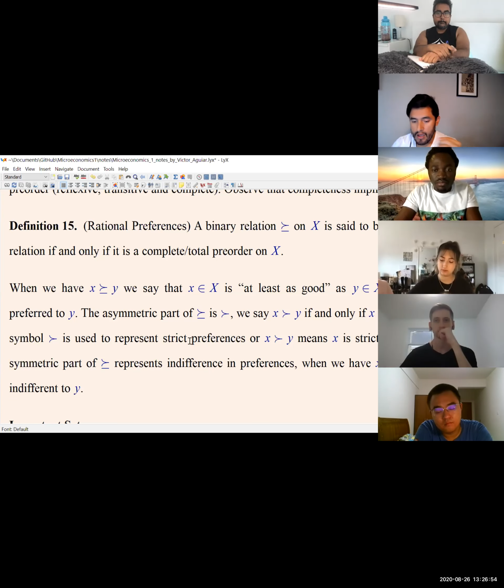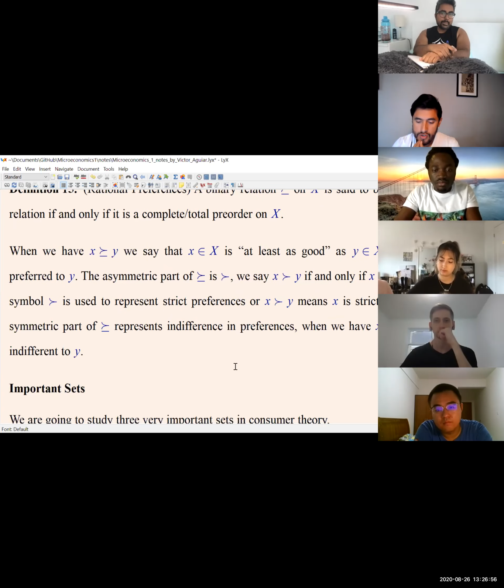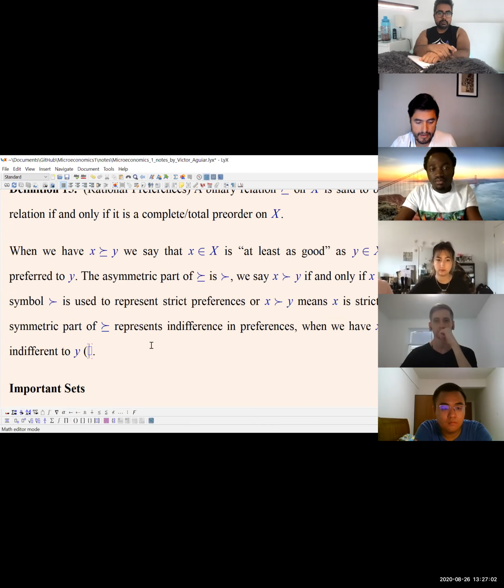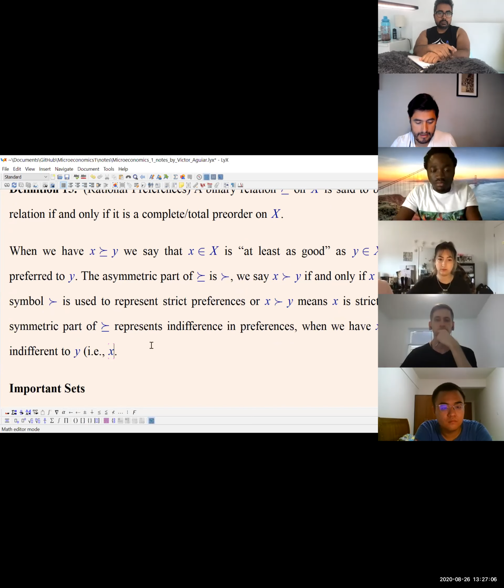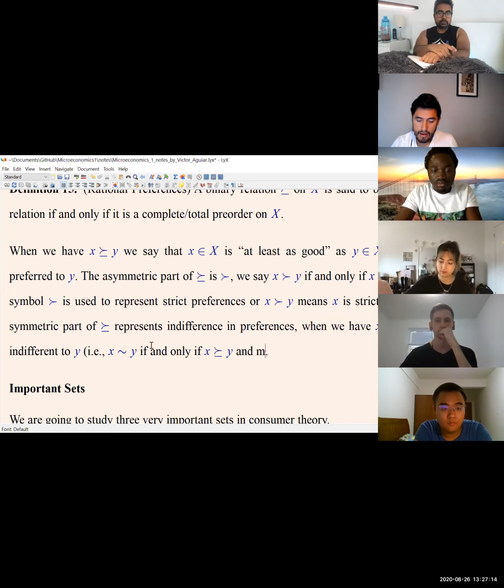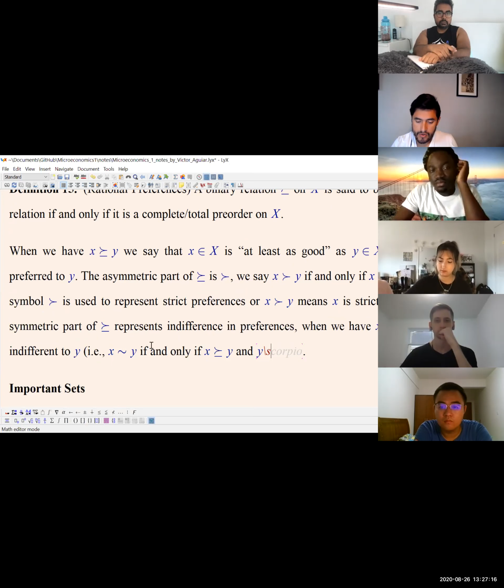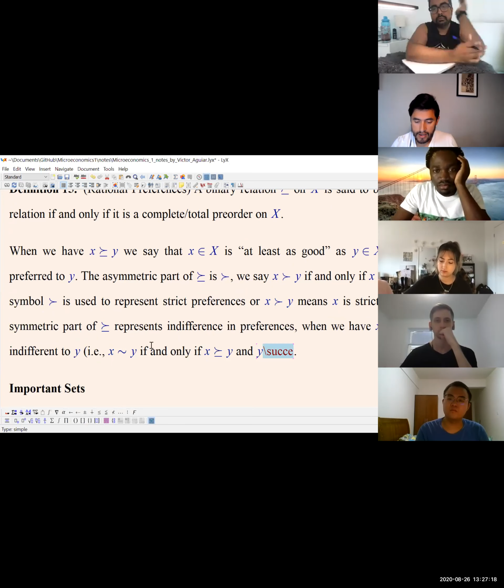Got it? And then we have the indifference relation. In the updated notes, we say that X is indifferent to Y if and only if X is in relation with Y and Y is in relation with X.